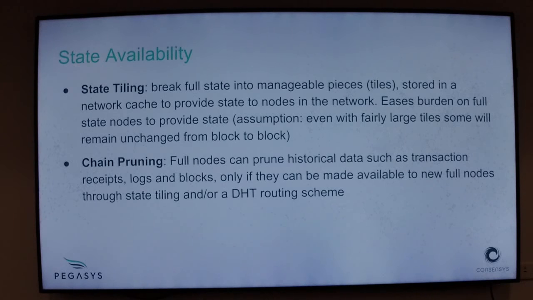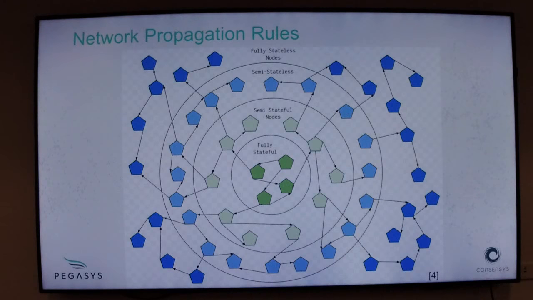Chain pruning, full nodes can prune historical data, so that's going back to that first concept that we looked at earlier. So I suppose that is still on the books. So logs and blocks, only if they can be made available to new full nodes through state tiling or DHT.